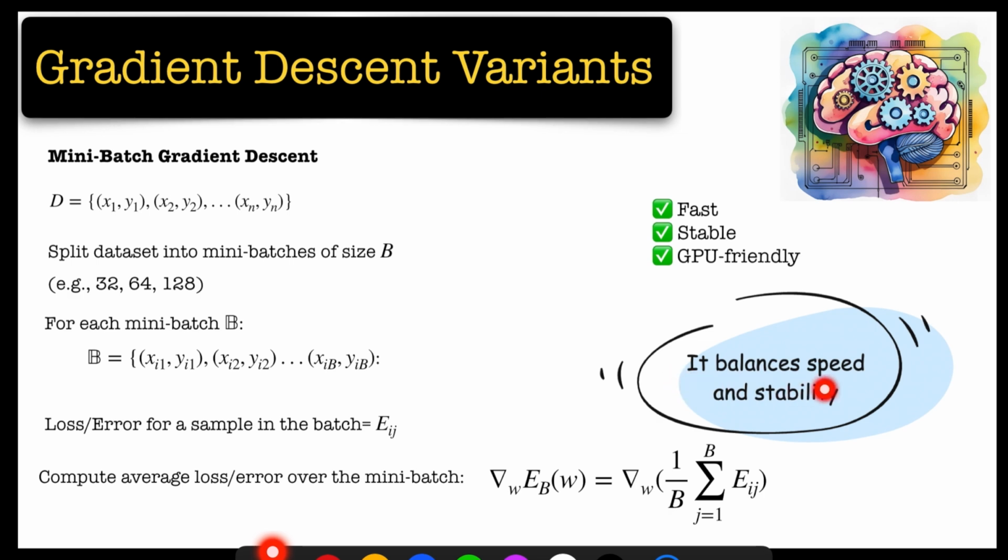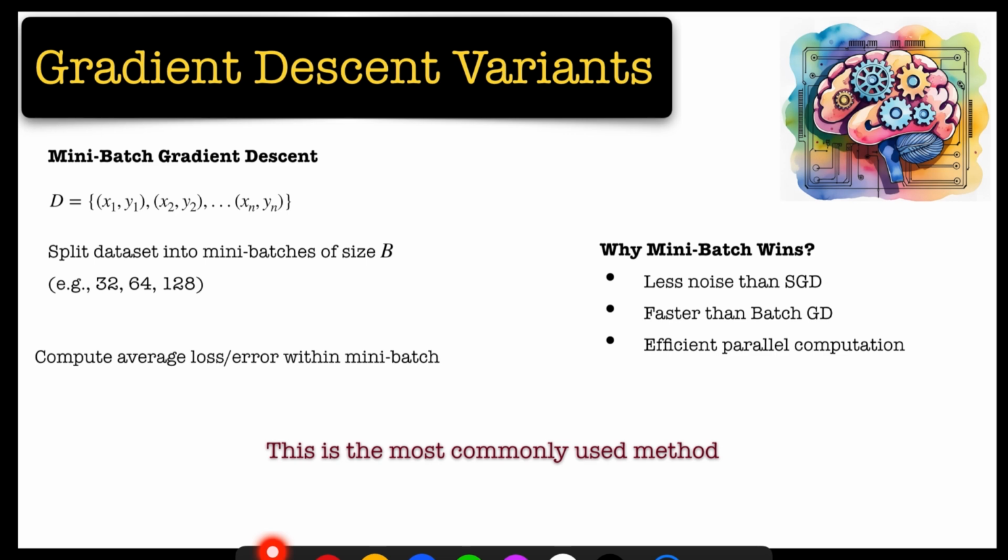It actually balances speed and stability. Batch gradient descent was very stable, but it was slow and memory heavy. Stochastic gradient descent was very fast, but it was not stable because it was very noisy. Mini batch gradient descent is basically a compromise between these two. It is fast, it is stable and it is GPU friendly.